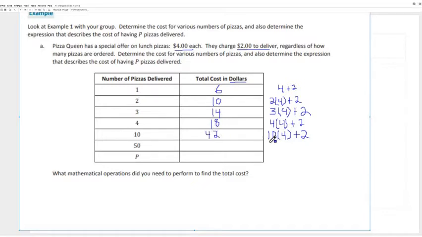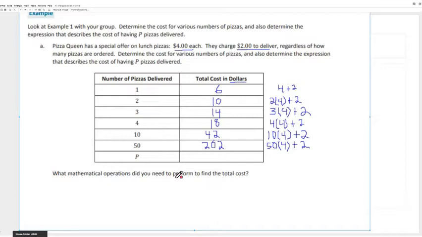And the same thing with 50. If I did 50 times 4, because 50 is the number of pizzas I have now, they charge me $4 per pizza, and I add to it $2 for delivery. If I did the multiplication, 50 times 4 is, I believe, 200, plus 2 is 202. That's how much it would cost.